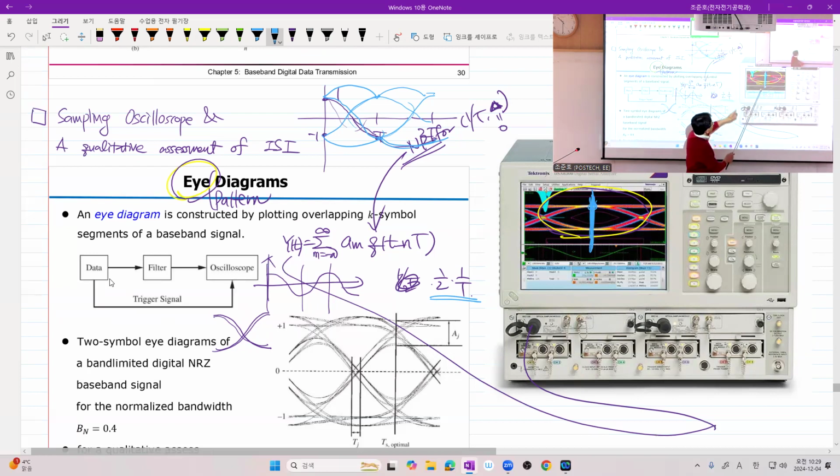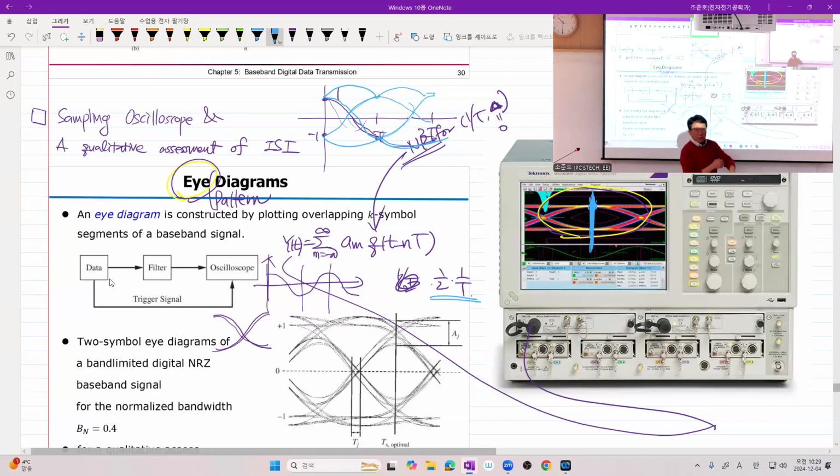Now you see that even though this pulse is a Nyquist pulse for this rate, if you have a wrong sampling offset, what happens? You have intersymbol interference. This many lines here means you have intersymbol interference.